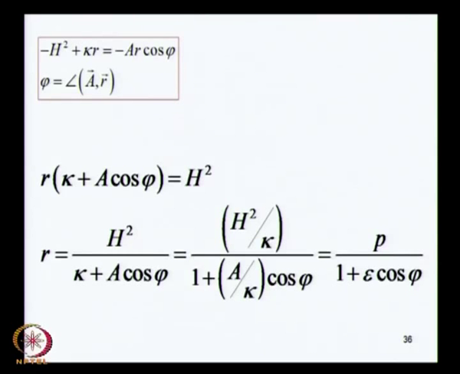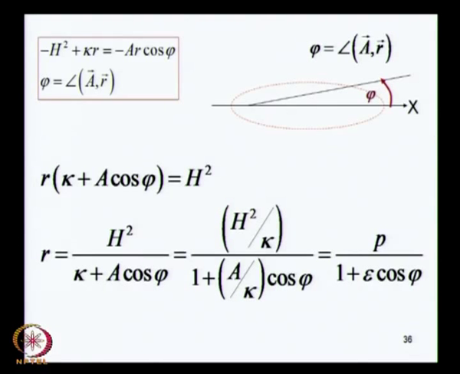So, here we go, this is the equation to the ellipse, and this is the kind of geometry we are working with. We need to find what this eccentricity is, and this eccentricity e or epsilon is coming as a ratio of the magnitude of the Laplace-Runge-Lenz vector with kappa, but this is in our own units, mind you, and in some other units some of the constants will get cancelled when you take this ratio.